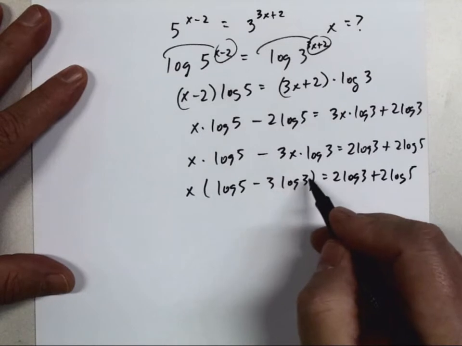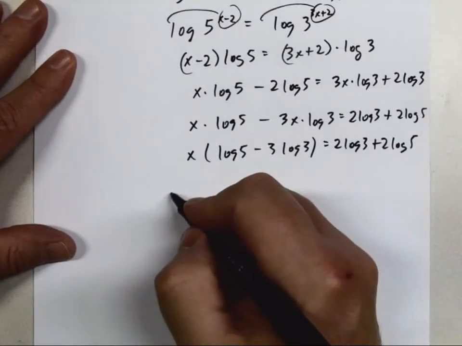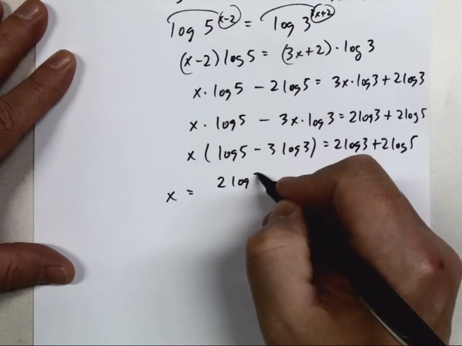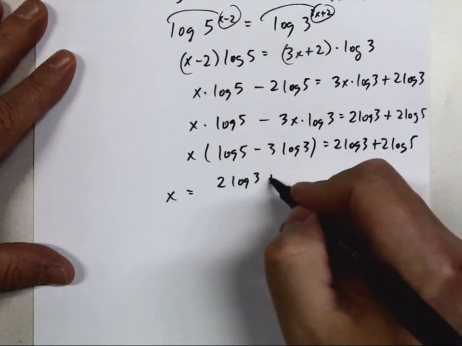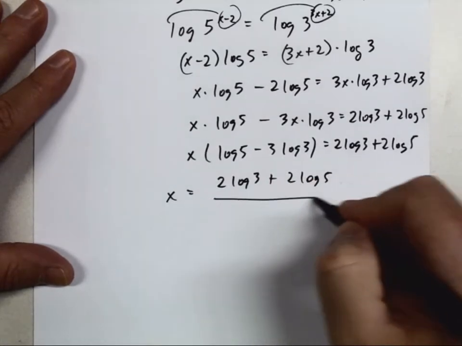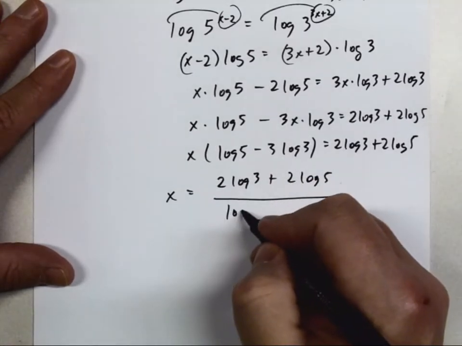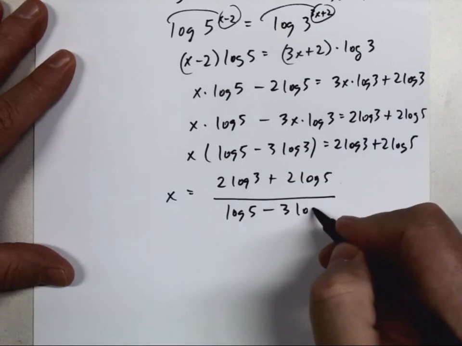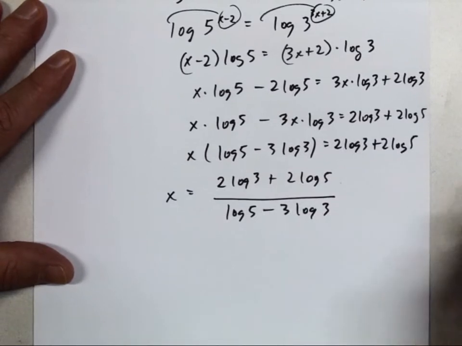Now to solve for x, divide both sides by this whole parenthesis. x equals 2 log 3 plus 2 log 5 over log 5 minus 3 log 3.